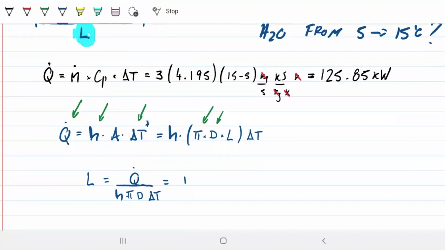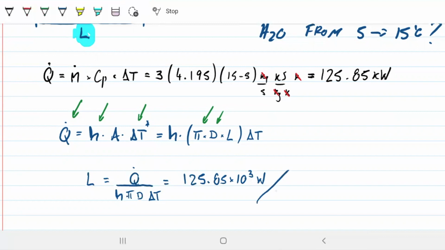This is 125.85 times 10 to the third, so I'm changing it from kilowatts to watts because I know that H is in watts.